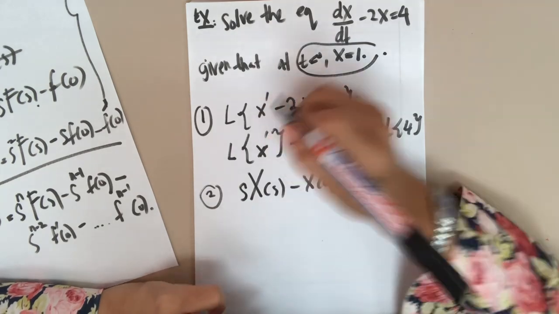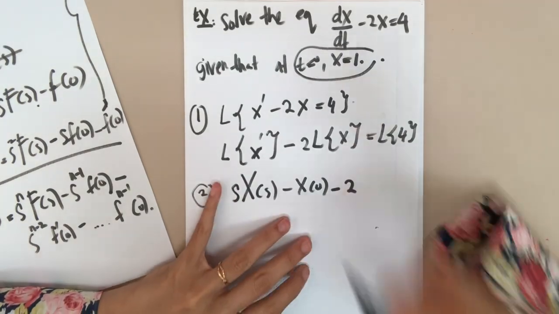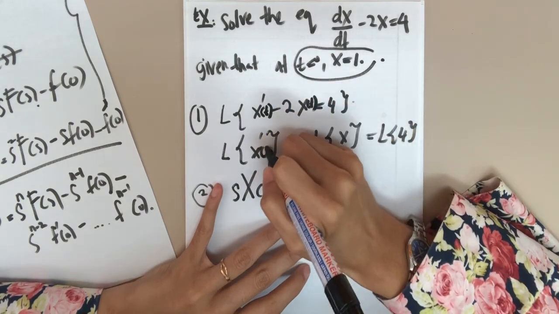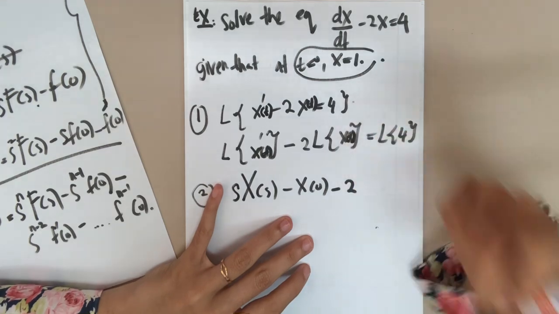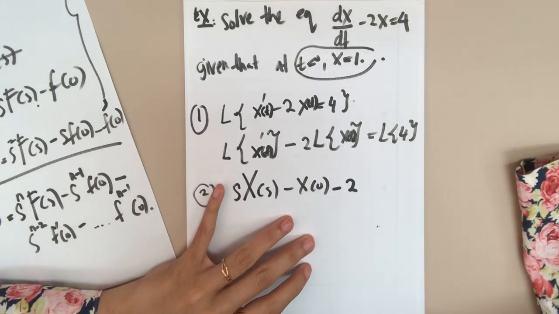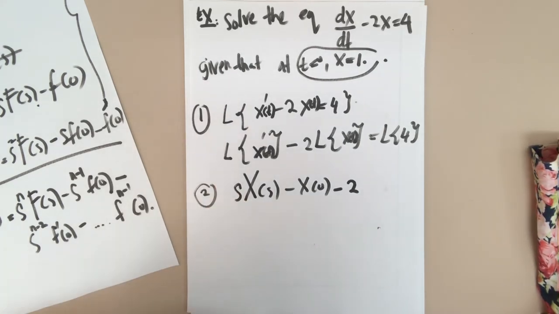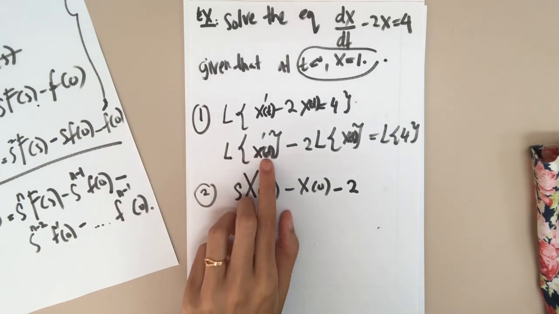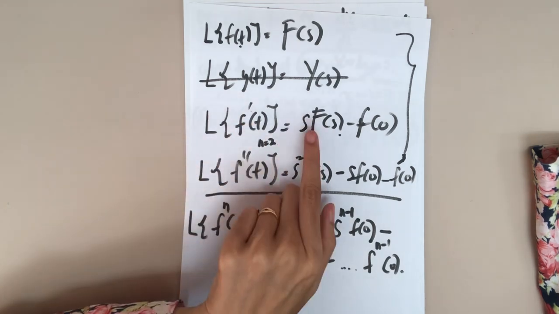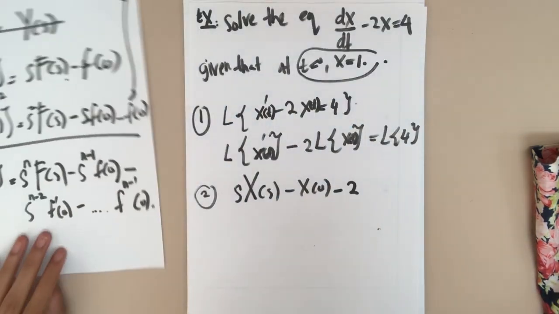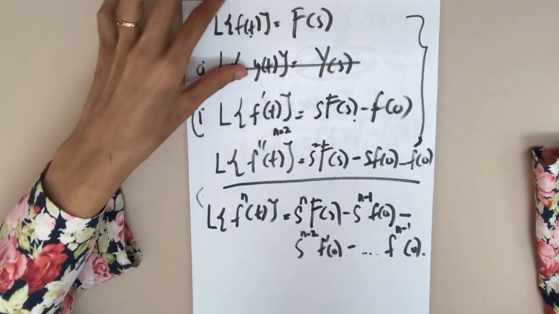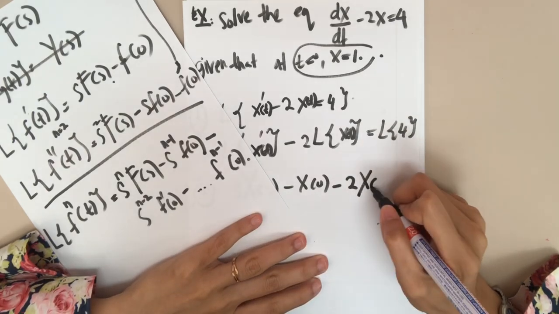The proper way to write this equation is something like this: you write x(t) here. If you don't write it, it is also accepted, but to get a clearer view, you can write t here, so x prime(t) is similar to f prime(t). And x(t) is similar to f(t), so you can write F(s), but now it is X(s).